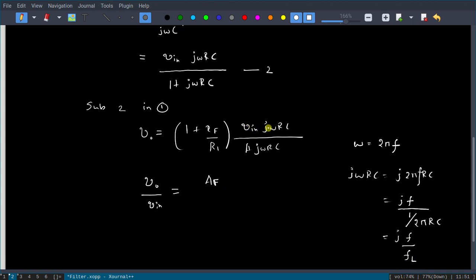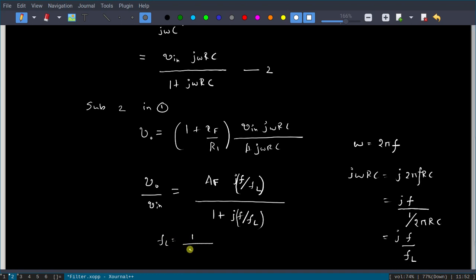So this will be Vo by Vin, j omega RC, I can write j f by fL, and again 1 plus j f by fL, okay, where fL is nothing but 1 by 2 pi RC, and AF is 1 plus RF by R1.